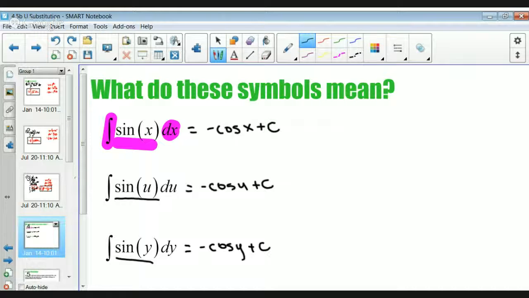I just don't want you to freak out if you have a different letter other than x. Just remember that an integral along with a differential means find the antiderivative of everything in between. And notice in this case, we are dealing with all indefinite integrals.